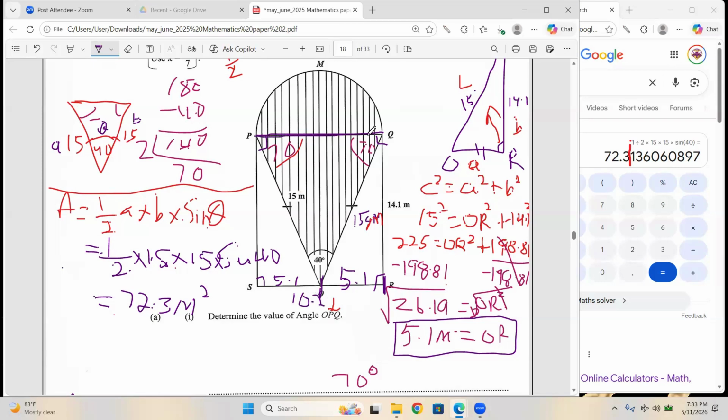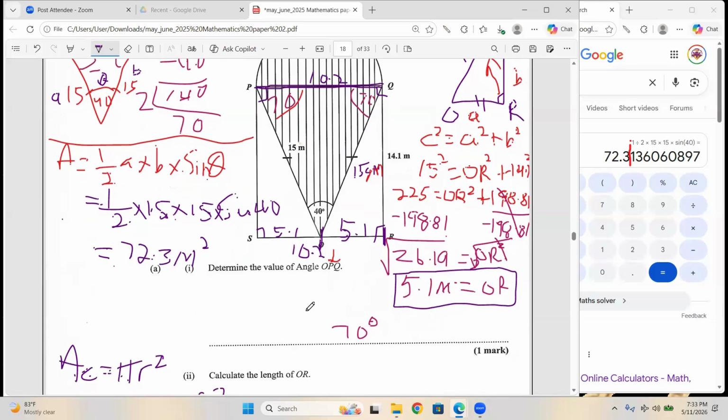So that means PQ is also going to be 10.2 meters. Why? Because it's a rectangle, and opposite sides in a rectangle are equal and parallel. So PQ is the length of one side of the rectangle, but it's also the diameter of the semicircle.